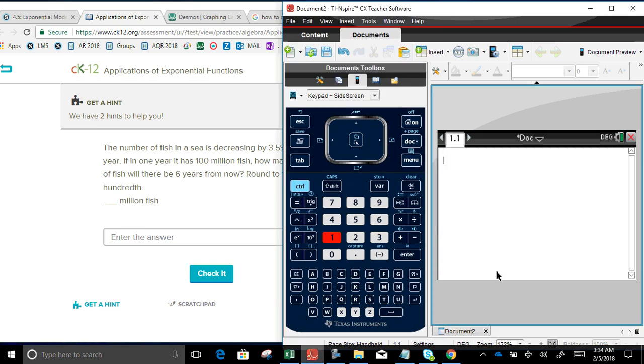So, oops. 100, 1 minus 2.5% to the power of 6.